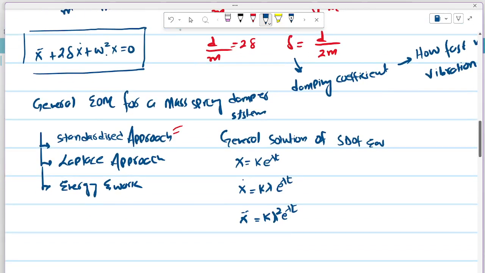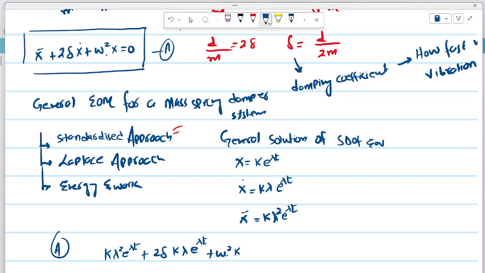Now we can substitute x, x dot and x double dot into our equation: k lambda square e to the lambda t plus 2 delta k lambda e to the lambda t plus omega square k e to the lambda t equals 0.